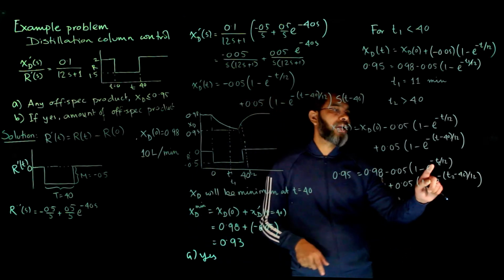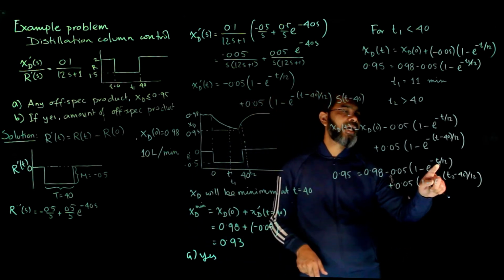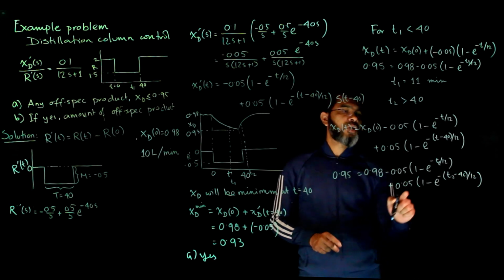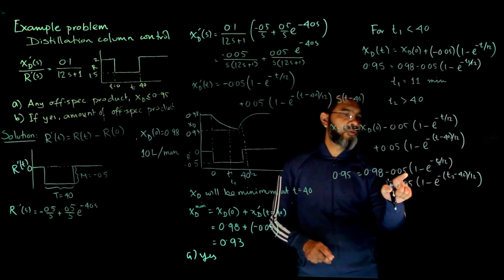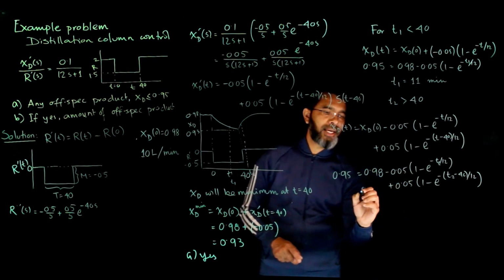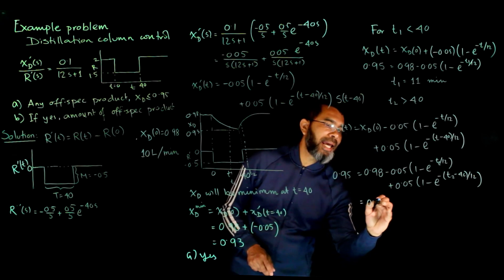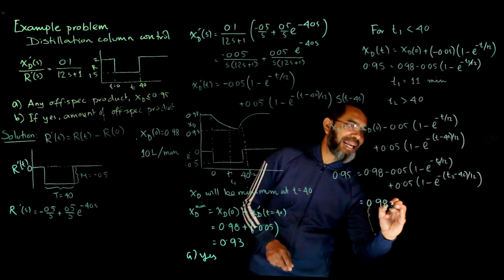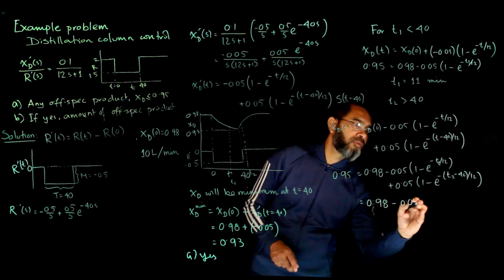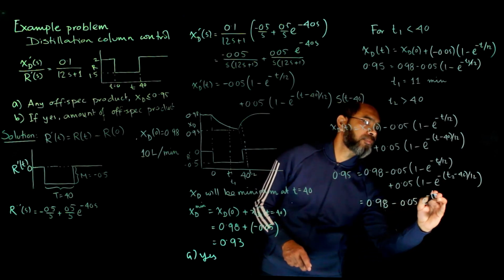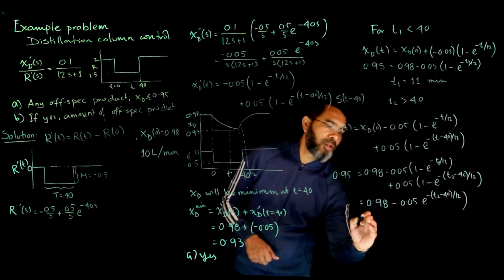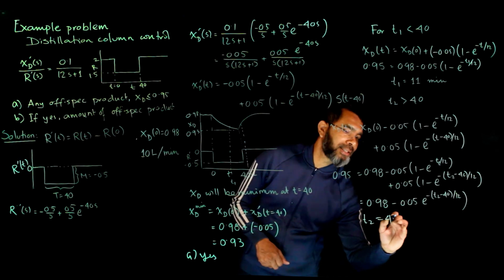And for this case, you can plug in t equals 40 here. You will find that this term is approximately 0. Okay. So if that's the case, we'll have 0.05 times 1, and there is positive 0.05. This term will also cancel. So we'll have 0.98, and this will be negative 0.05. And if you solve this, you'll get t2 to be 46 minutes.